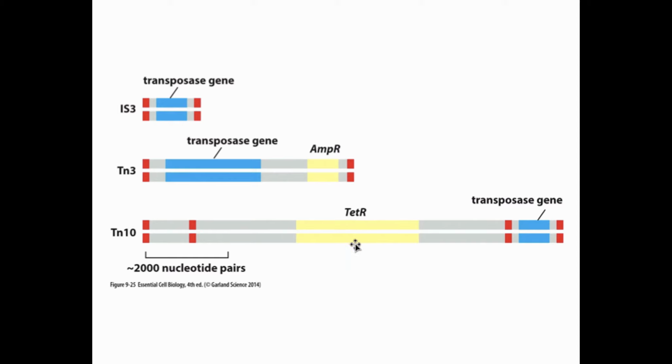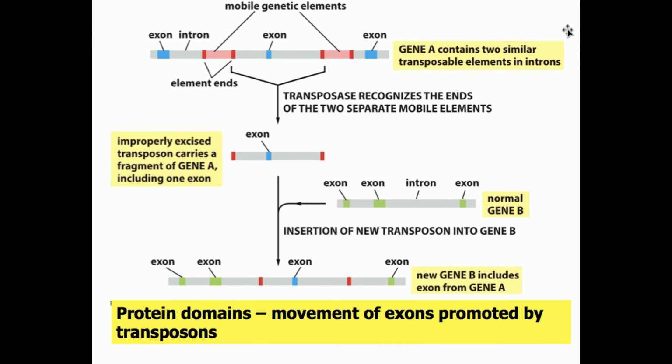And in the third example at the bottom, we have a compound transposon which conveys resistance to the antibiotic tetracycline. So transposons not only move themselves, they can also impart phenotypes on cells. So in this case, they make the cells antibiotic resistant should they be passed from one cell to another.